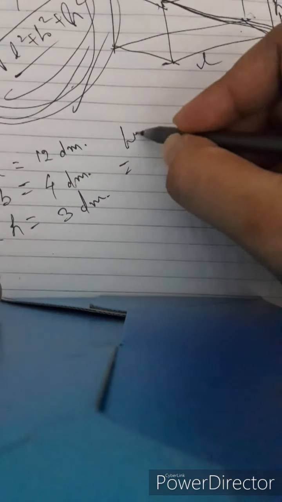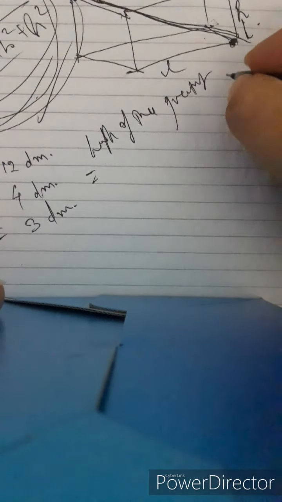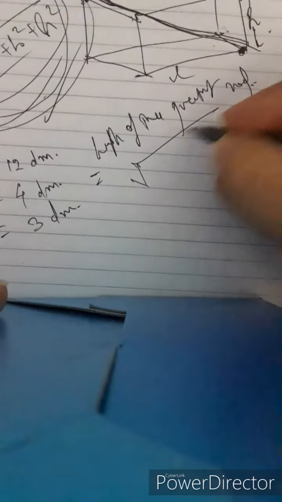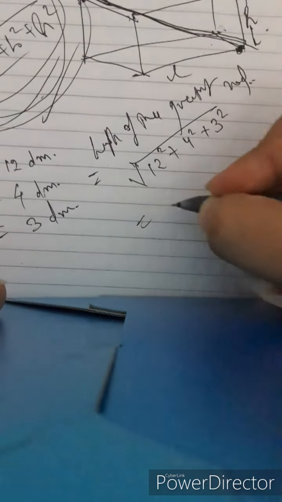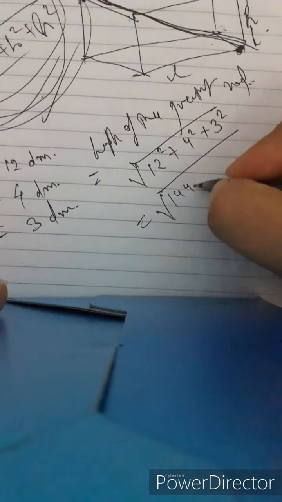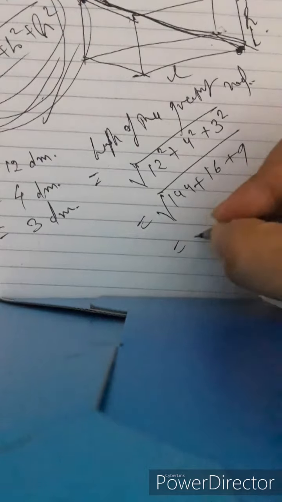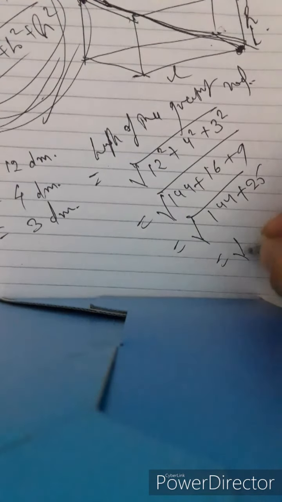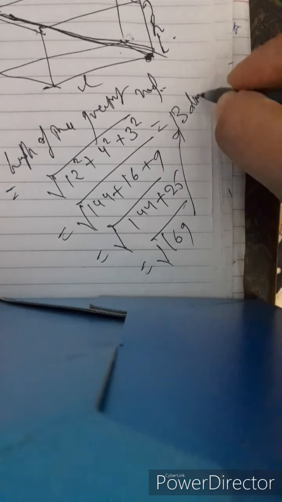So the length of the greatest rod which can be put in it equals root under 12 square plus 4 square plus 3 square. 12 12s are 144, 4 4s are 16, that is 144 plus 25, root under 169, that is 13 decimeters.